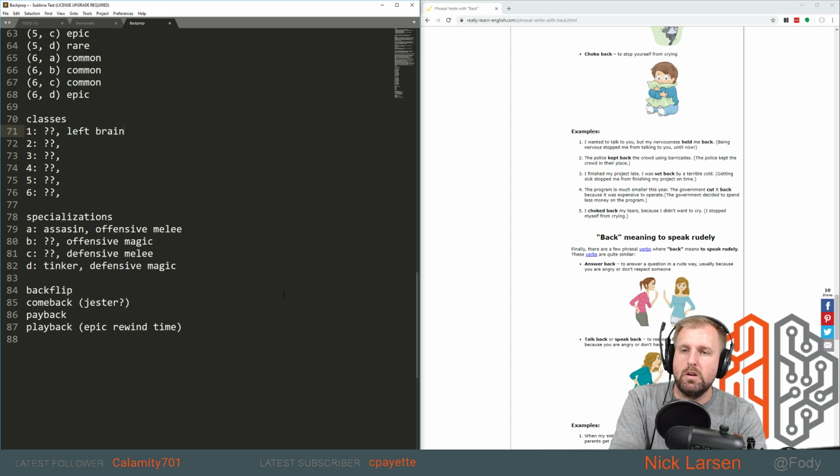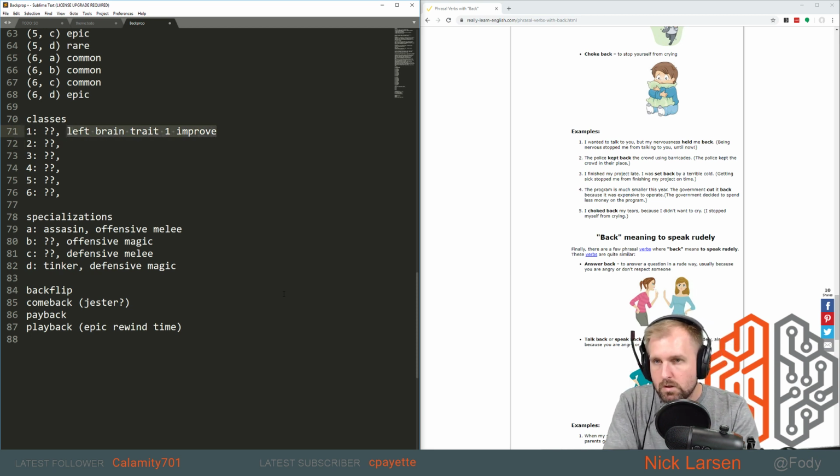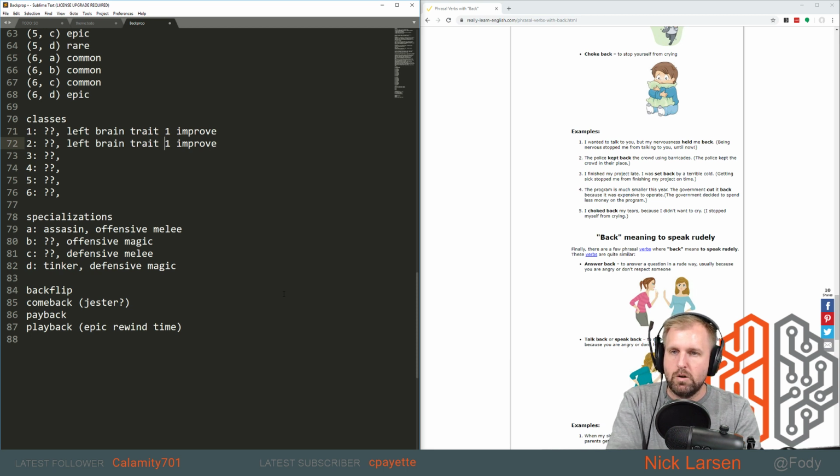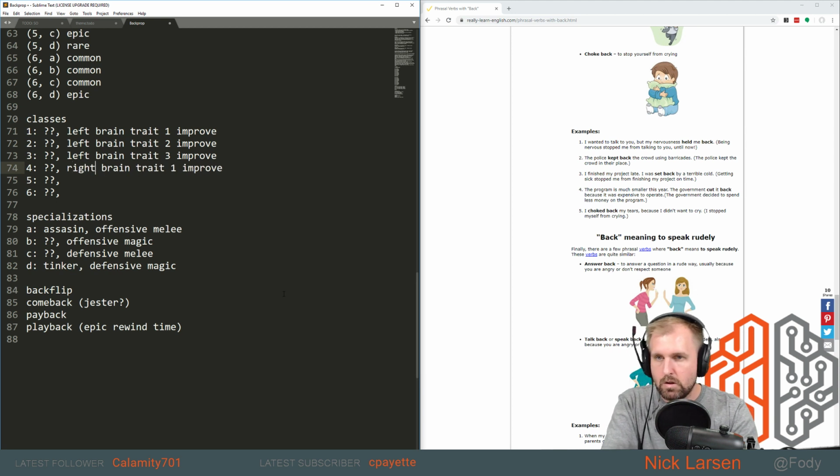Left brain trait 1, improve. Left brain trait 2, improve. Left brain trait 3, improve. Right brain. Okay.